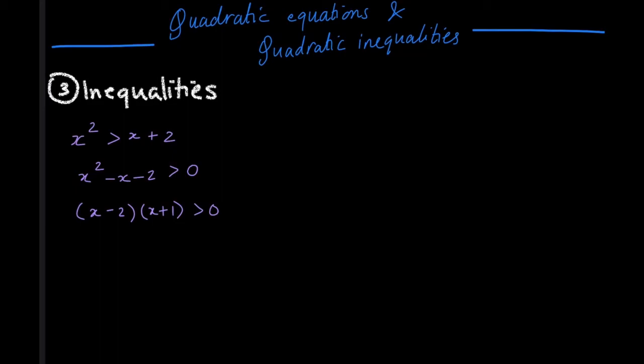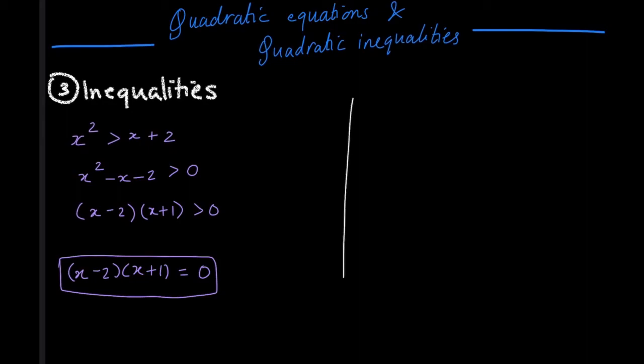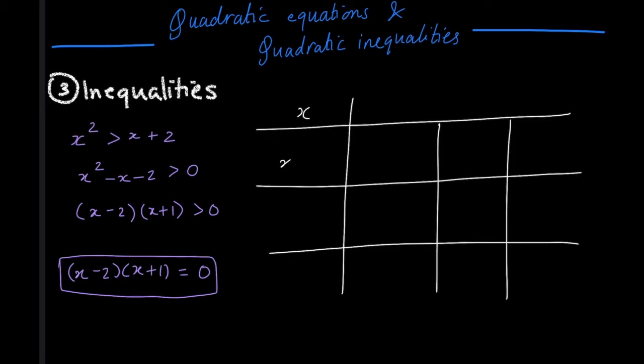Now, the roots of the corresponding quadratic equation, which we just saw, were 2 and negative 1. So now what we can do is, I'll put the equation back: x minus 2, x plus 1 is equal to 0. If we have this, we can make a table. This would be our x.